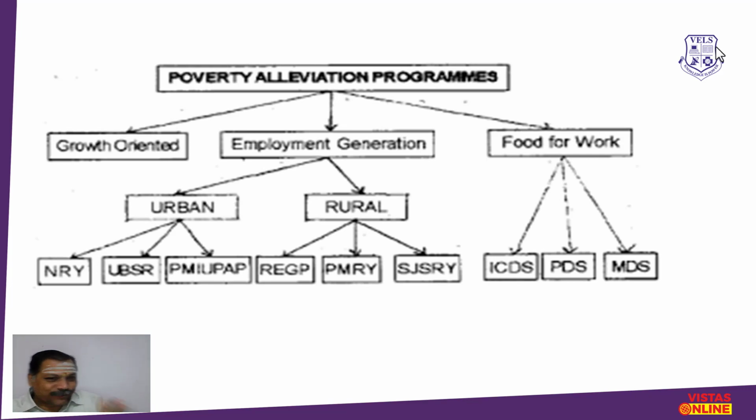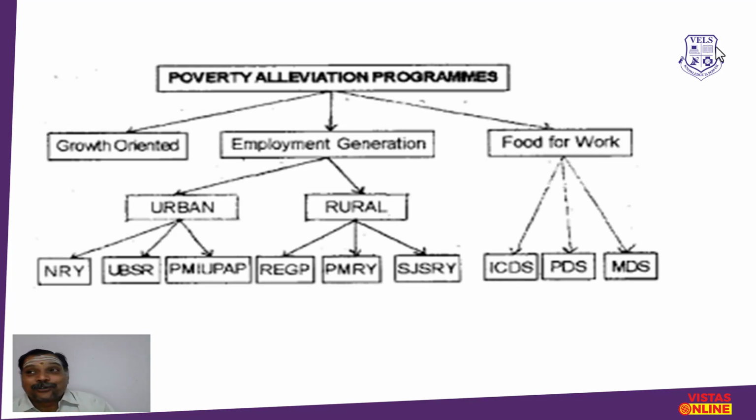This is one side. The other side is schemes related to providing food to the public, because a person who is not able to meet the necessities like food, clothing and shelter is considered poor and below the poverty line. So the most important factor for the poor is to get food.